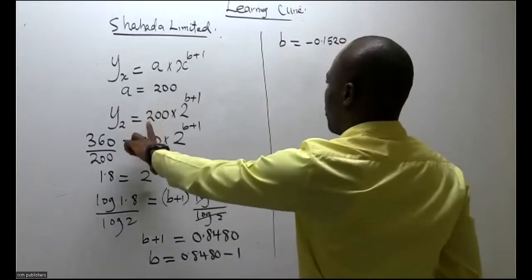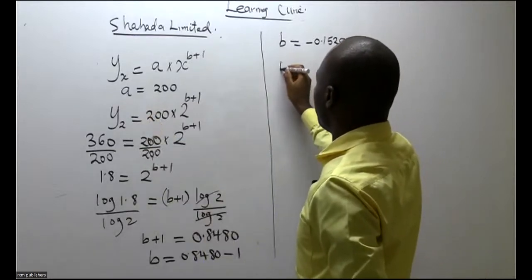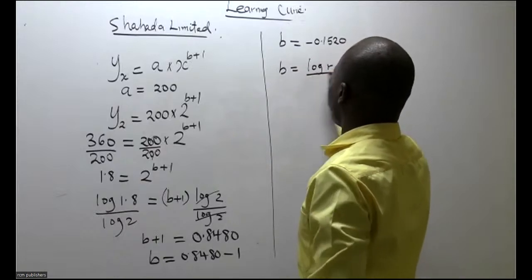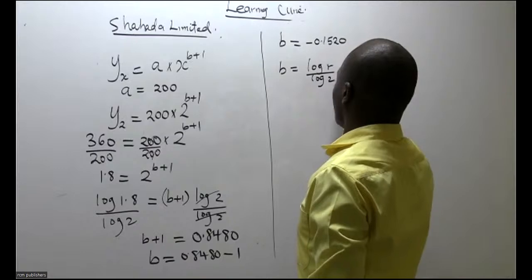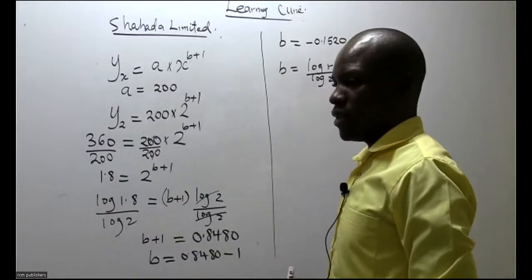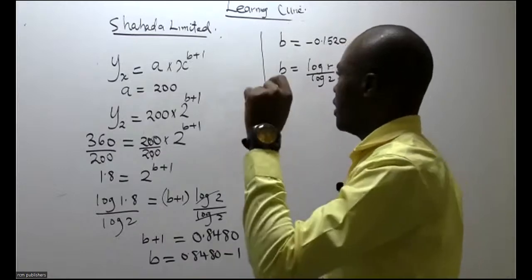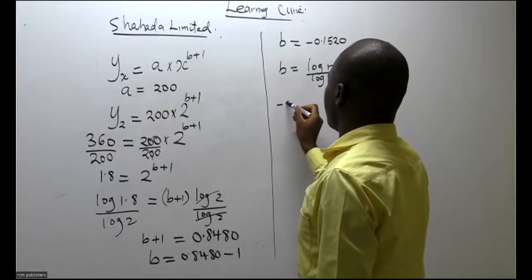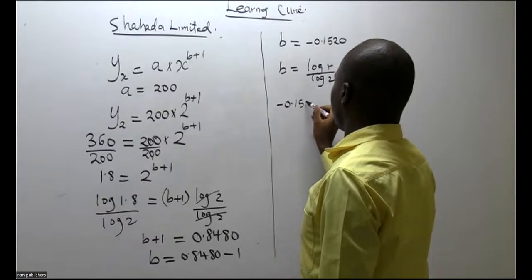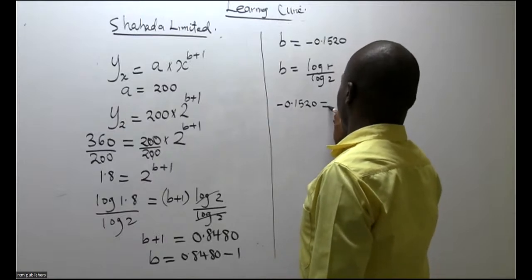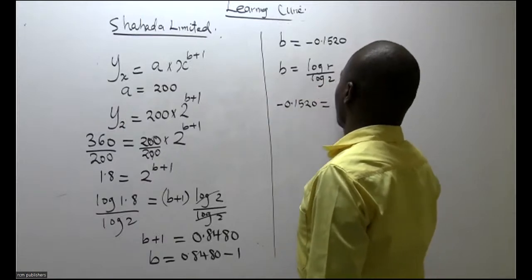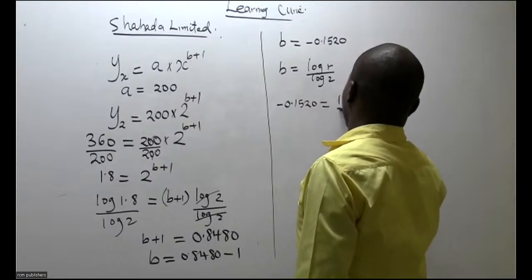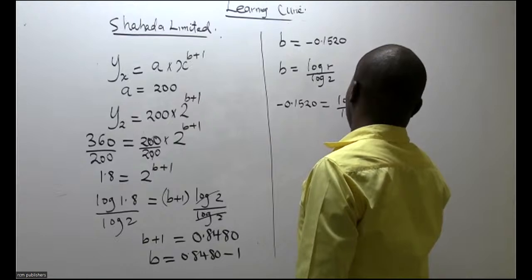Now come to our formula, which we said, how do we get B? B is equal to log R over log 2. So come and do a very simple thing here. Negative 0.1520, that is B, is equal to log R divided by log 2.